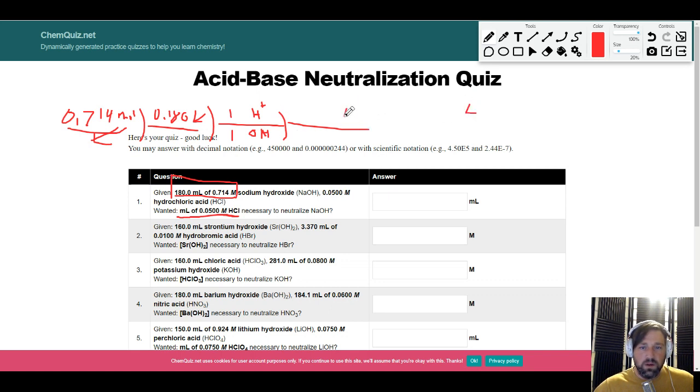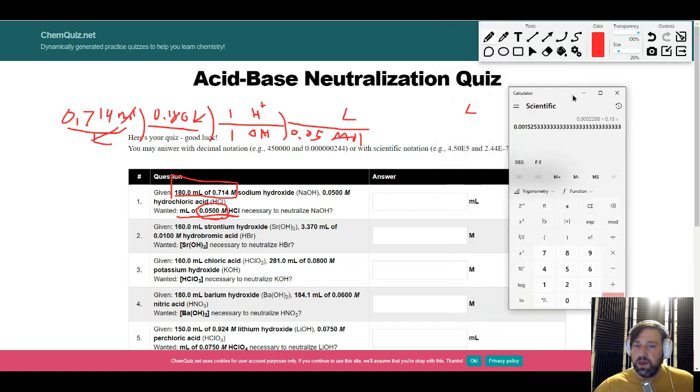So what we need to do is put liters on top, moles on bottom. We can do that with this: 0.05 moles per liter. I just took the molarity, flipped it, to get my units correct. Moles cancel, and we got it.